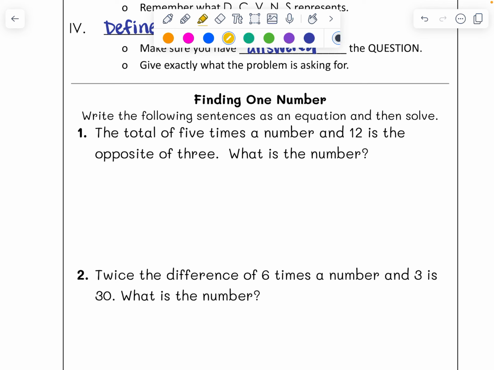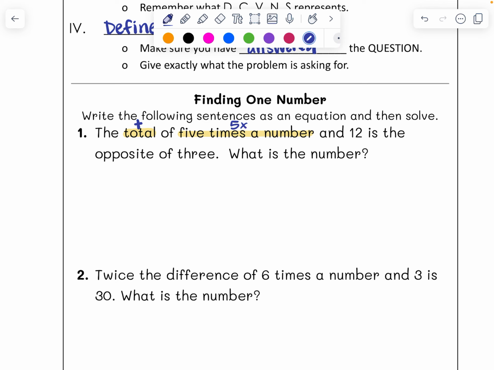You might want to pull out your notes from 1.1 to go over some of these key words that tell you the operation. Total is a key word for adding. So the total tells you you're going to add 5 times a number, which we would write as 5x.